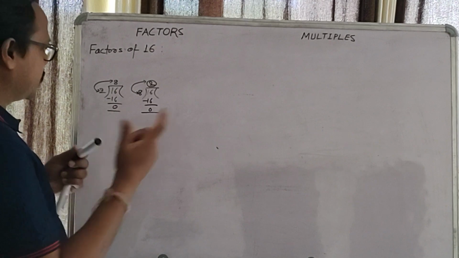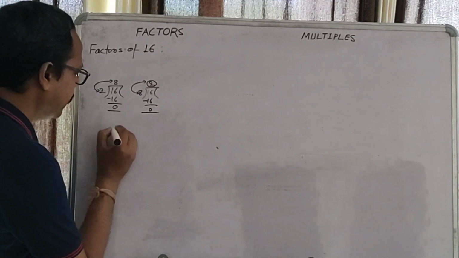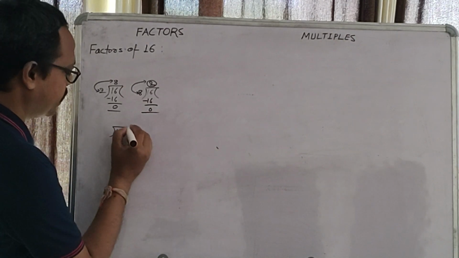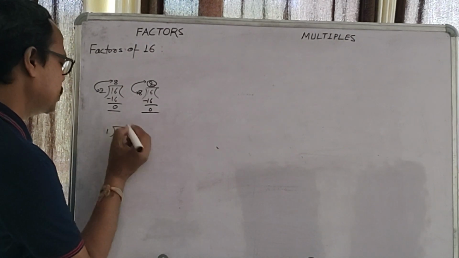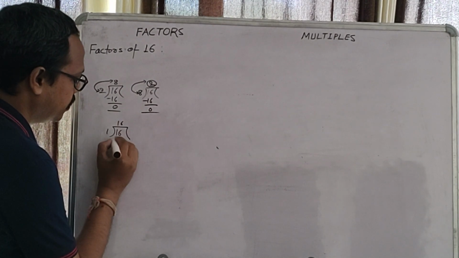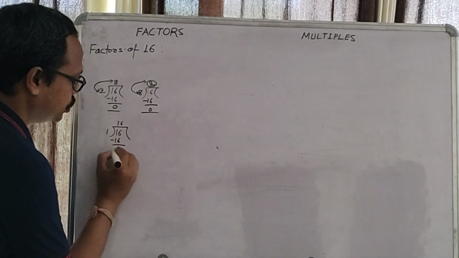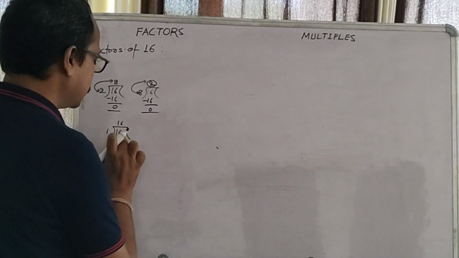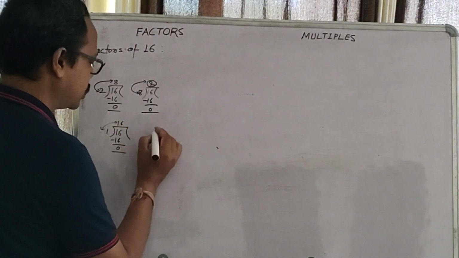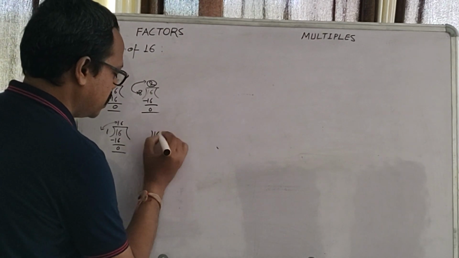In the same way, divide 16 by 1. Is it divisible by 1? Every number is divisible by 1. So it is divisible by 1. What is the quotient? 16, right? The remainder is 0. Is this number divisible by 16? Yes. And how many times?